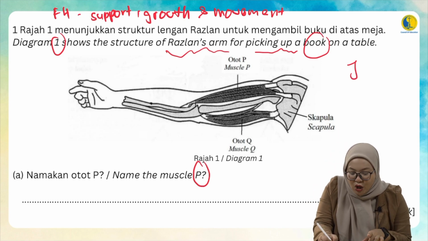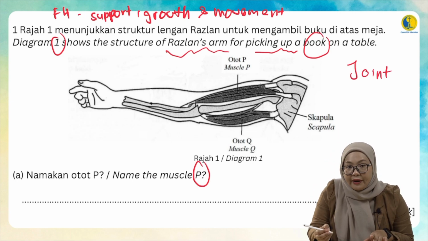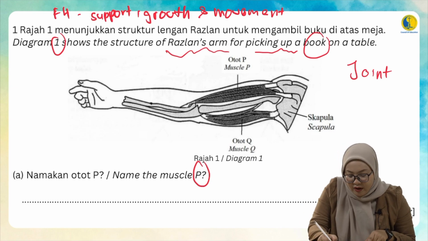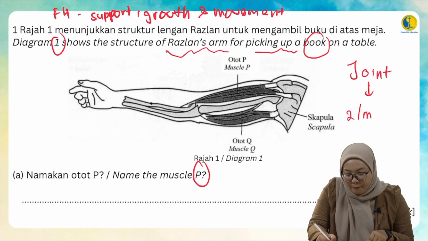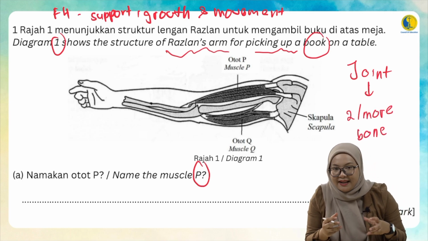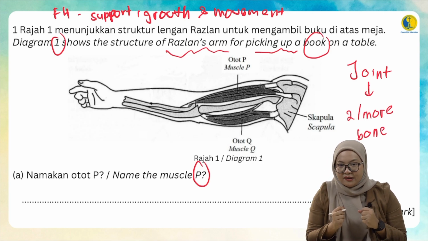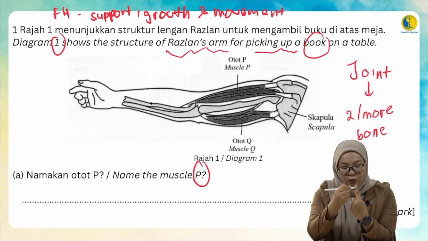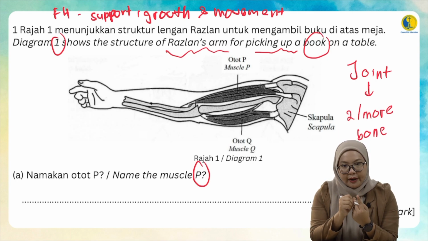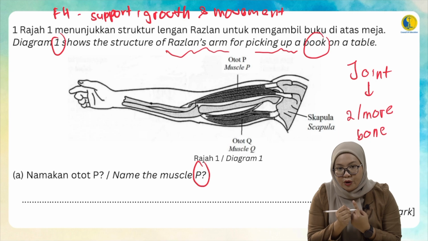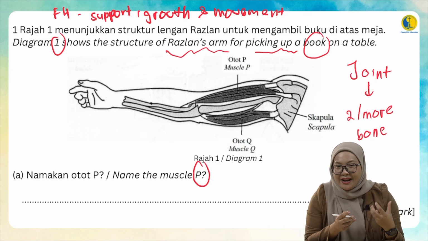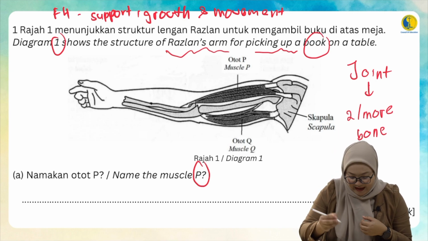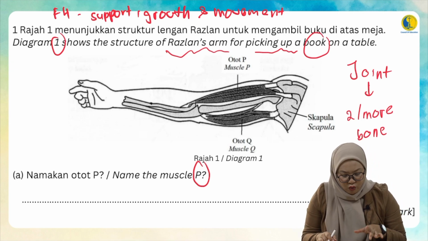What is a joint? A joint is the place where 2 or more bones attach together. The example is your finger. This is one bone and this is another bone. One bone attached to another bone is considered a joint. In Malay, we call it sendi. So, what is P?